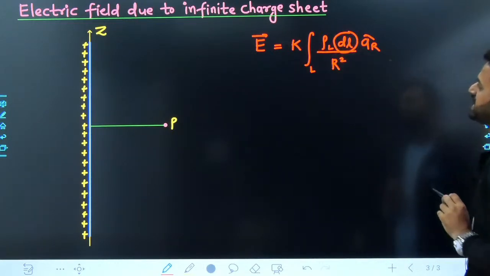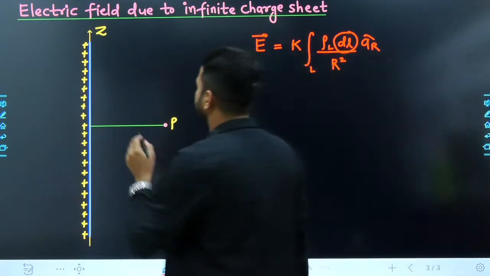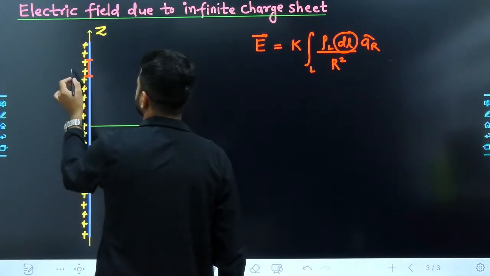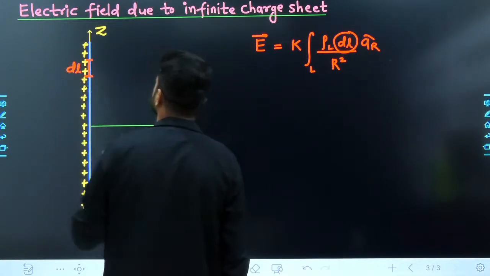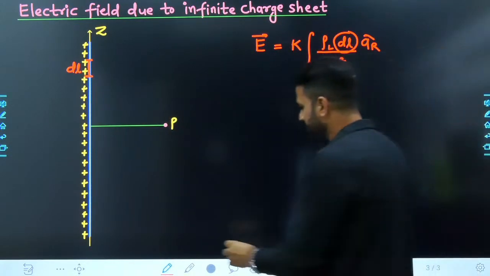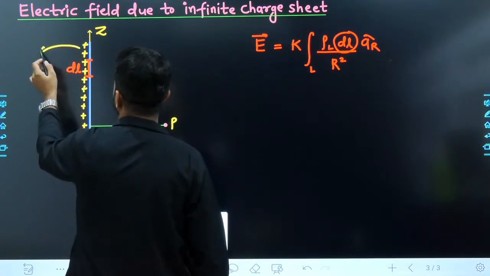So let's consider the differential length somewhere here. Suppose this is the length dl you have selected, and because this is the line charge, it will be defined by the line charge density rho L.